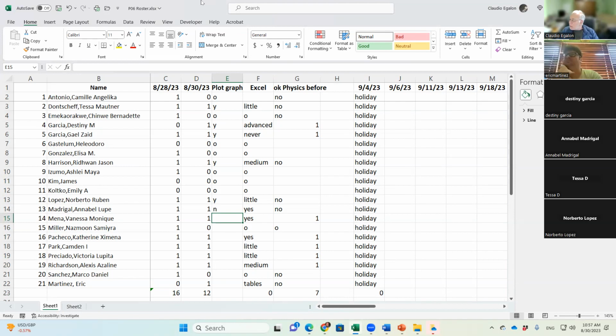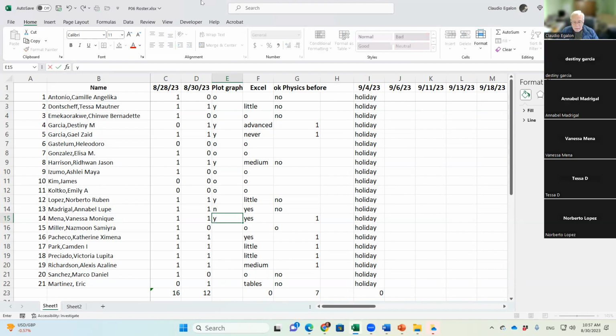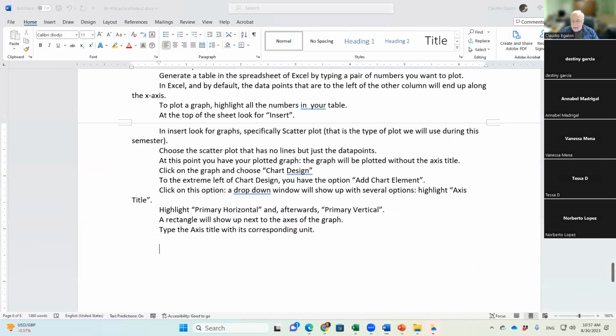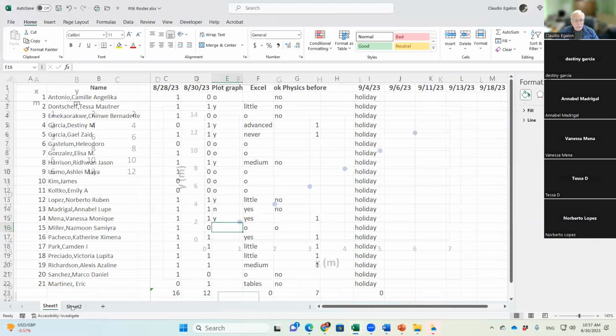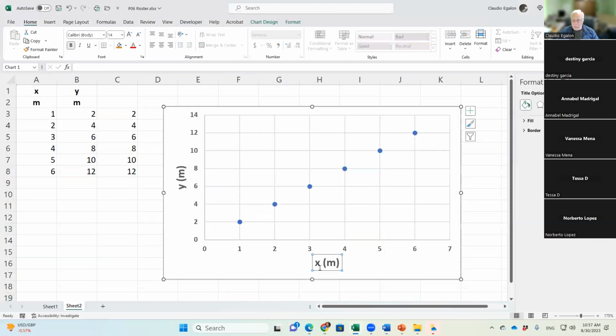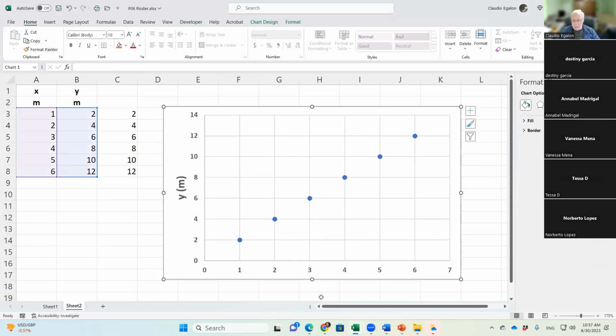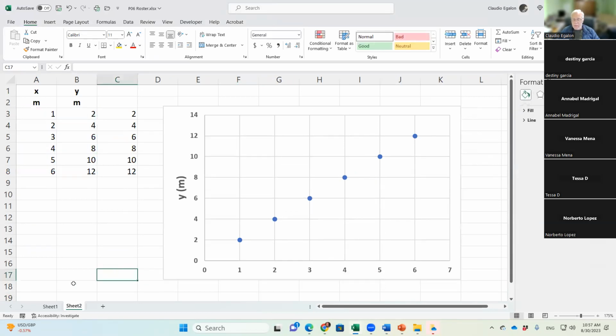Vanessa, did you plot the graph? Yeah, I have the graph, but I was confused on how to add the y-axis title and the x-axis title. Okay, let's do that again. I'm going to erase my title. Right, here you go. Do you have a Mac or Windows?